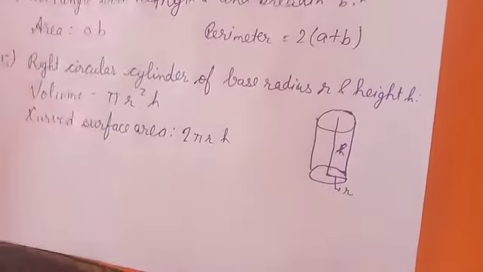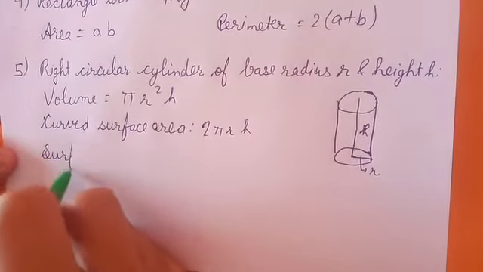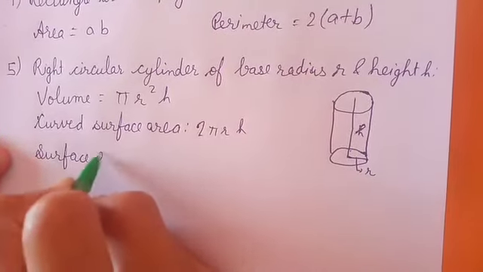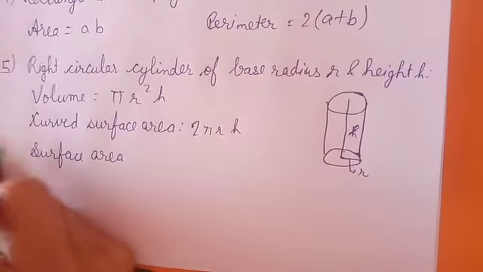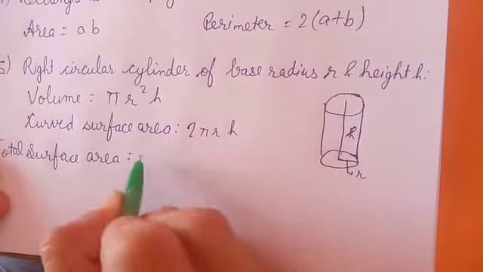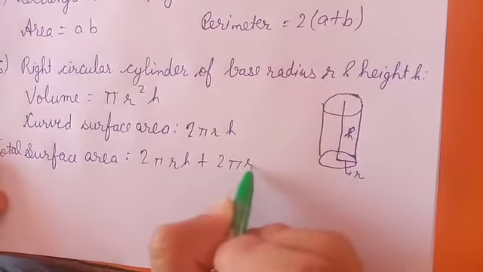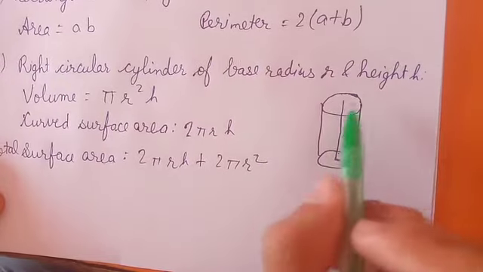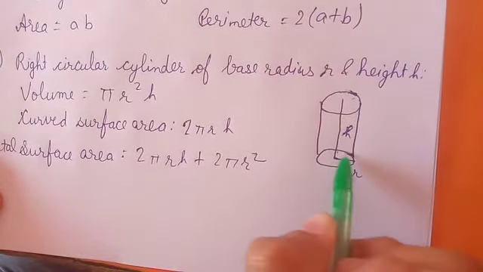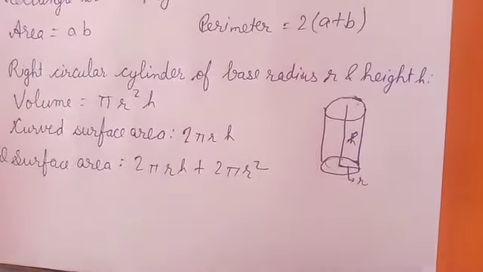And if we talk about total surface area, total surface area will be curved surface area plus 2 pi r square. 2 pi r square is the area of these two circular bases placed upwards and downward.